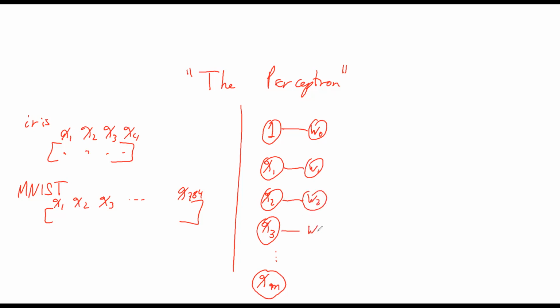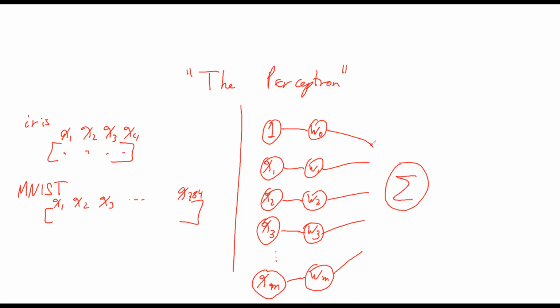So we can do W3, WM, okay? And then all of these are going to be added in some way, right? And so we're going to say there's a type of a sum here.